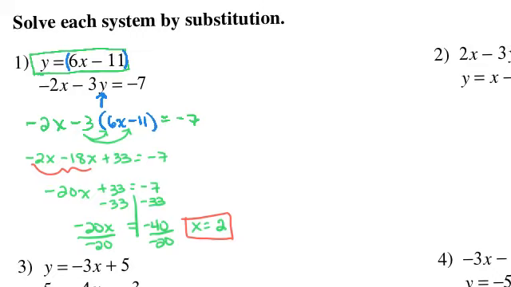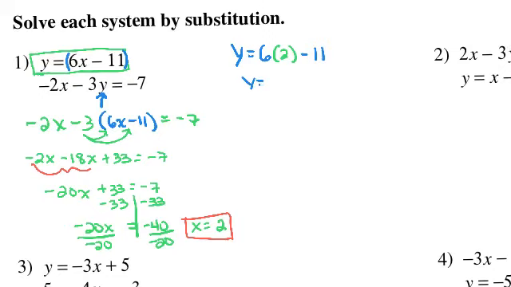So I don't go up to any kind of simplified expression where we have it all in terms of x. I want to go back to the original expression at the very top, the ones that were given to us on the worksheet. We go back into the original problem. So I'm going to go back to the first expression, y equals 6 times x, which in this case we solved for was 2, minus 11.